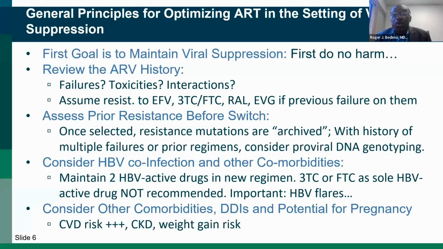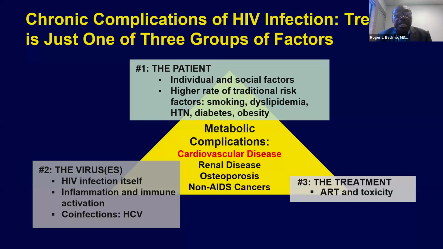Now, consider other comorbidities, like we talked about, with drug interactions and potential for pregnancy. And this is a triad that I want people to keep in mind all the time when you're assessing the pathogenesis, the presence, or the possibility of non-infectious complications in people with HIV, or comorbidities. Some of them are because people with HIV have social, demographic, behavioral factors that put them at a higher risk of these things, like smoking.